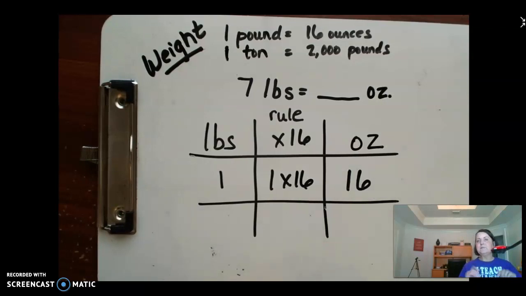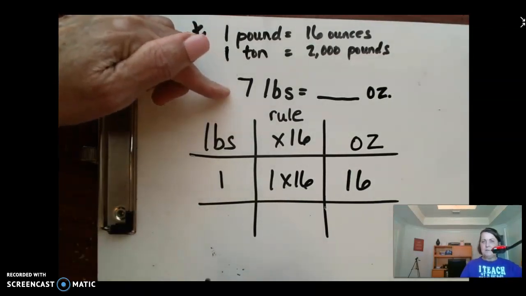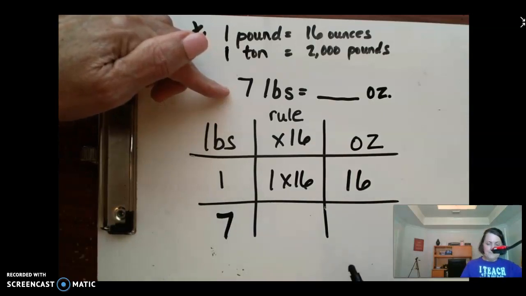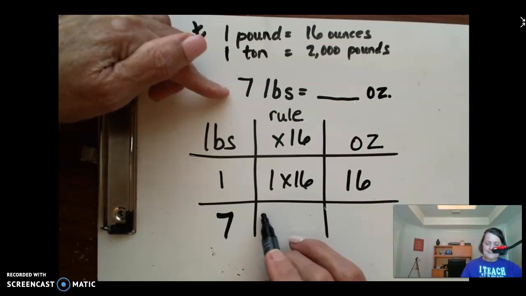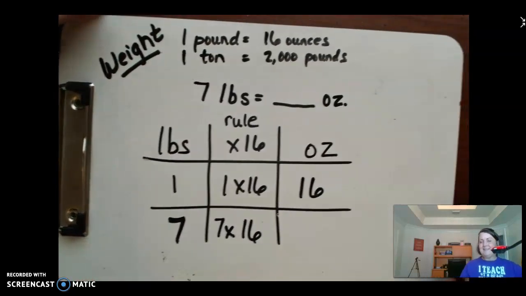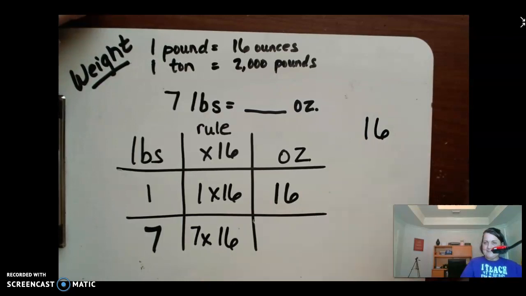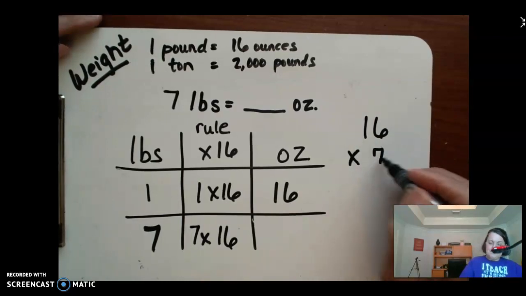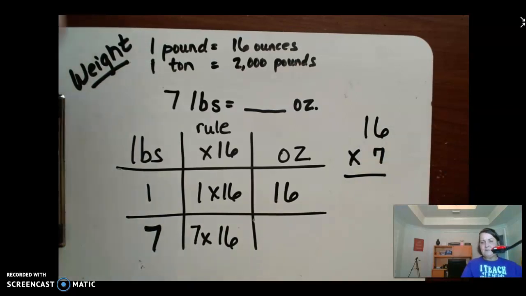Now, let's fill in this information. The 7 goes where? Okay. What's our rule or our expression? Let's say it together. 7 times 16. All right. Now, let's solve for 7 times 16. Remember, I'm going to put the 16 first, and I'm going to do standard algorithm. 7 times 6 is, who can tell me?